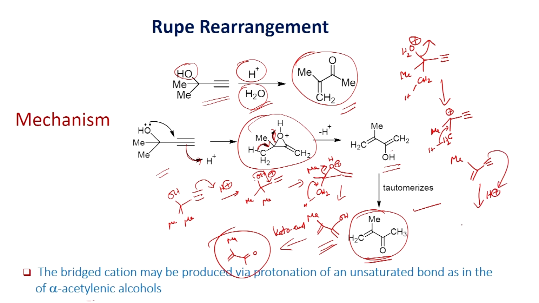acid, protonation of this triple bond can produce this carbocation intermediate, which can now react with water, and you will be able to have an intermediate which can lose a proton, and you will have an enol, which can undergo tautomerization as shown here.